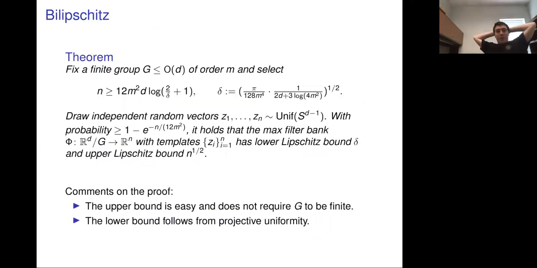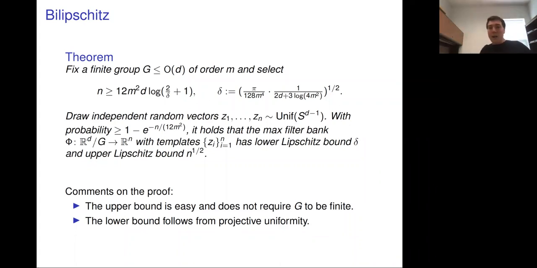Okay, so here is the first main theorem that we had. It's kind of wordy. I was debating whether to strip out a lot of the words here, but I decided to leave it as it is. This theorem is telling you that when you have a finite subgroup of O of D acting on RD, then as long as you take enough templates in your filter bank, with high probability the corresponding max filter bank will be bilipschitz.